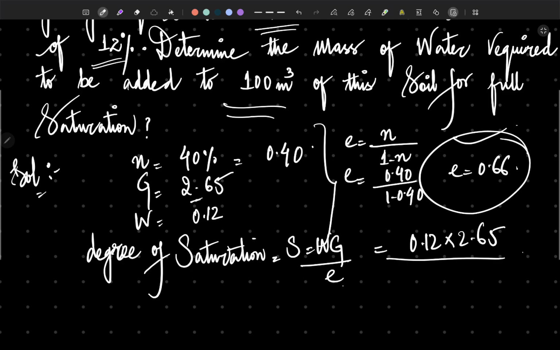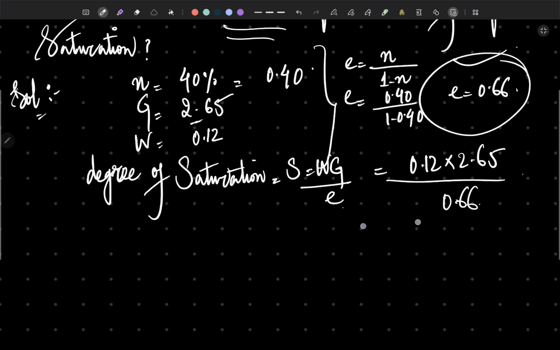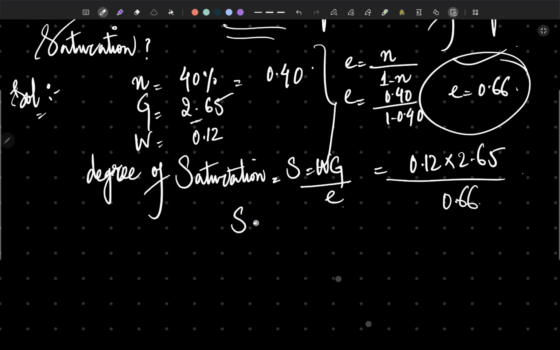We used the expression relating porosity and the void ratio, and we found the void ratio because porosity was given. So we will use it here, 0.66, and by computations the value of degree of saturation comes out 48.18%.